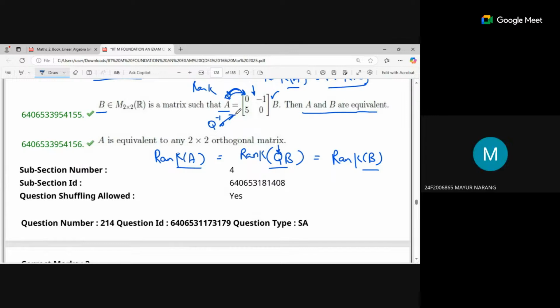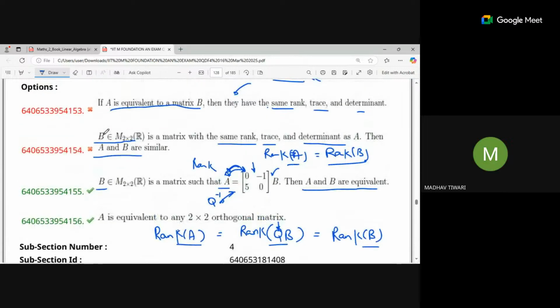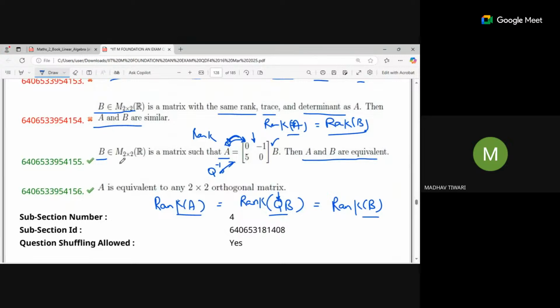What does the last option say? A is equivalent to any 2 by 2 orthogonal matrix. Orthogonal matrices are full rank, or you can say they have linearly independent rows.